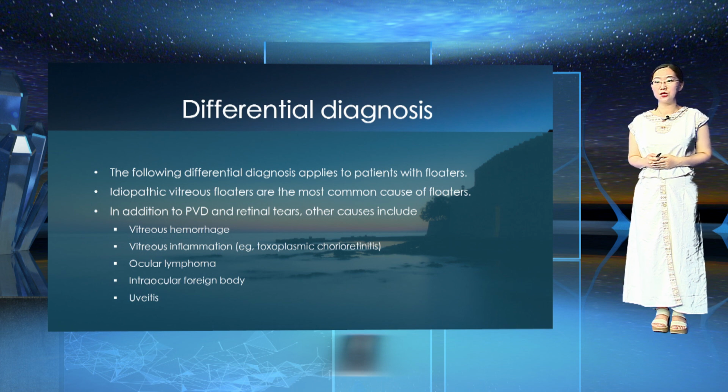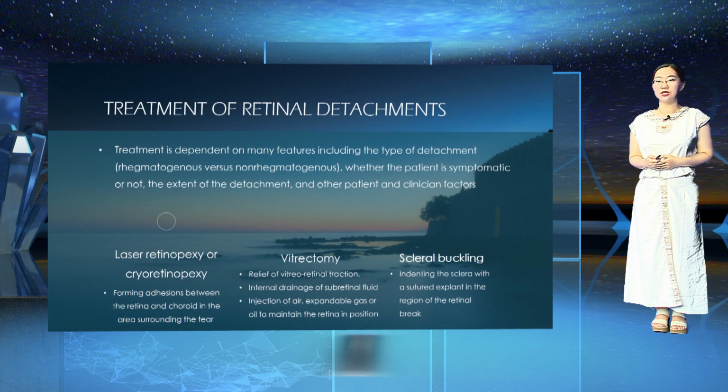Idiopathic vitreous floaters are the most common cause of floaters. In addition to PVD and retinal tears, other causes include vitreous hemorrhage, vitreous inflammation, ocular lymphoma, intraocular foreign body, and uveitis. The treatment of retinal detachment.